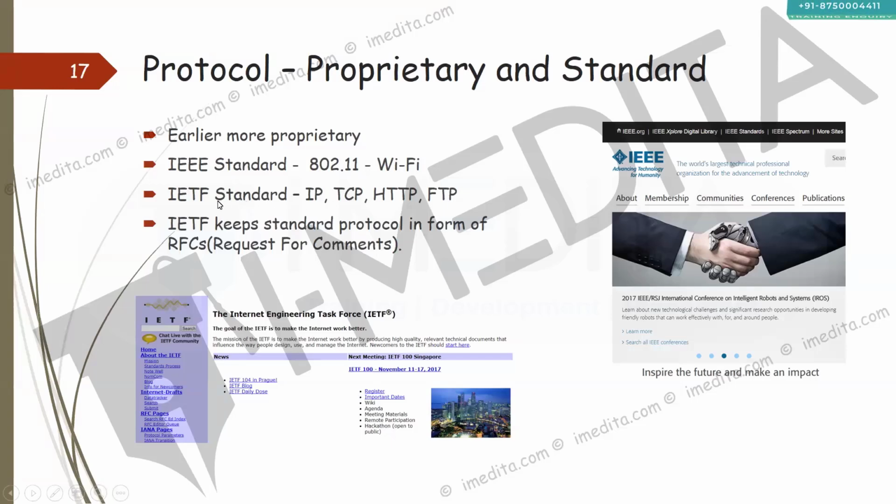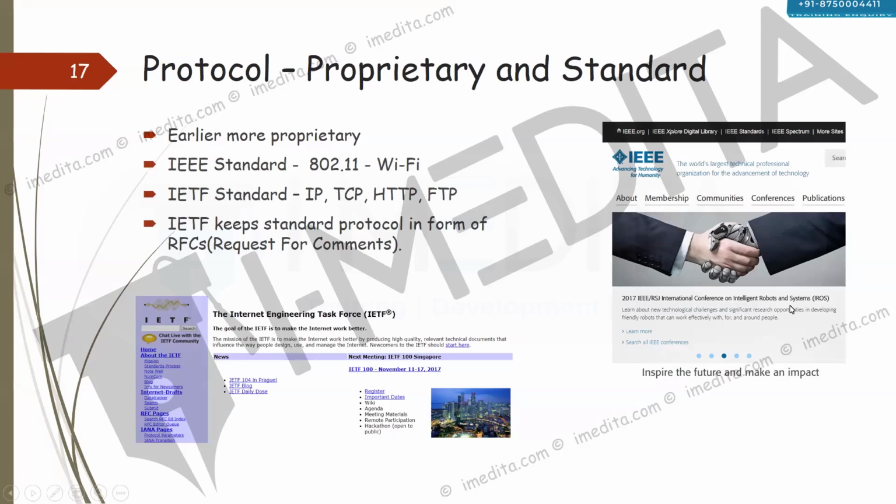Whereas in the case of the IETF standards, the protocols would be there, and then for each protocol, you would have RFCs. RFC is nothing but, in short, a documentation of that protocol, and RFC stands for request for comments, right? So each standard protocol would have an RFC number, which means that it comes under IETF.